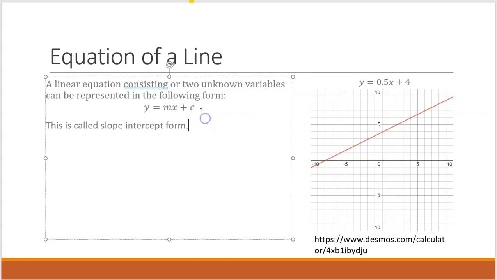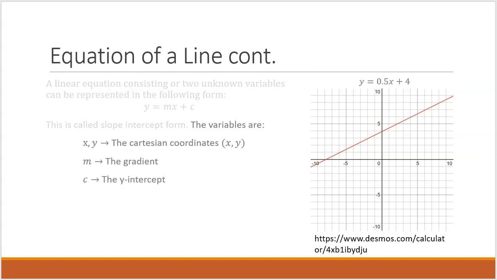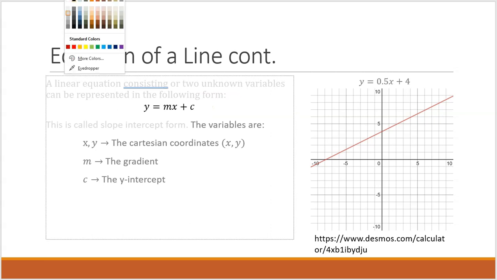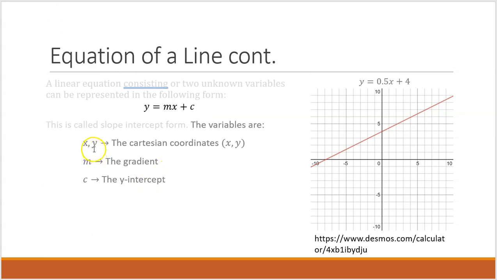Well, each of these components in the equation has a particular function in how it determines how the line looks. So what we've got is the x and the y. The x and the y correspond to coordinates on the Cartesian plane.